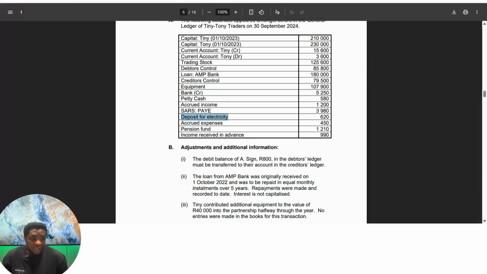You would go to a tailor or a designer and tell them, this is what I want. And then they'll give you the price: it's going to cost you 5,000, but 2,500 must be paid up front. In that case, the money paid up front is receivable until that dress or suit is complete. So in this case, we would have our deposit for electricity for 620.